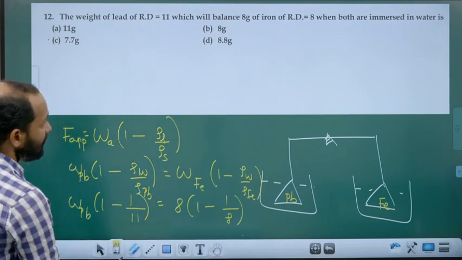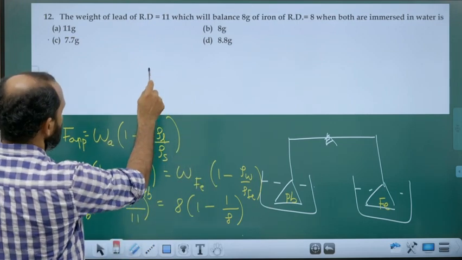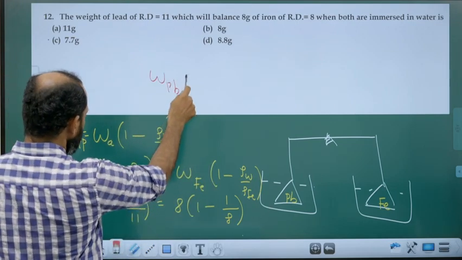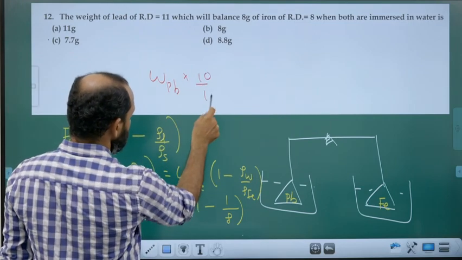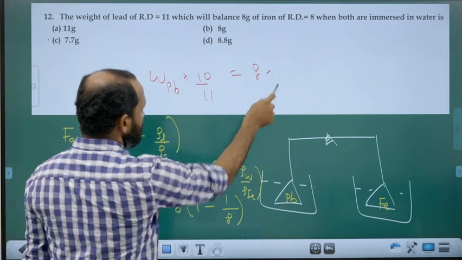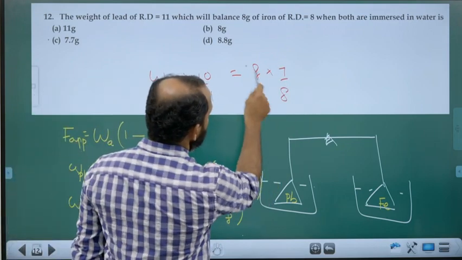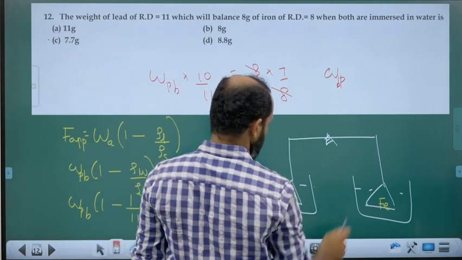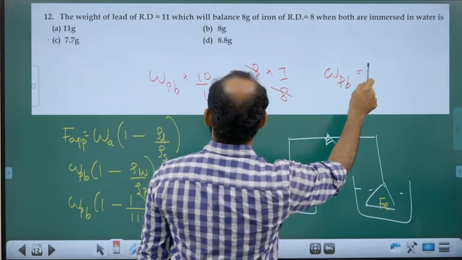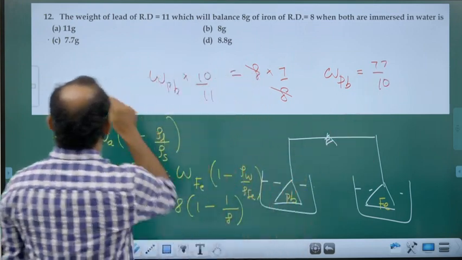So weight of lead into 1 minus 1 by 11, which is 10 by 11, equals 8 multiplied by 1 minus 1 by 8, which is 7 by 8. 8 goes here. Now the weight of lead is equal to 77 divided by 10, that means 7.7.